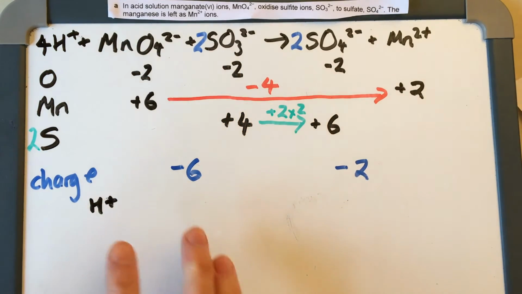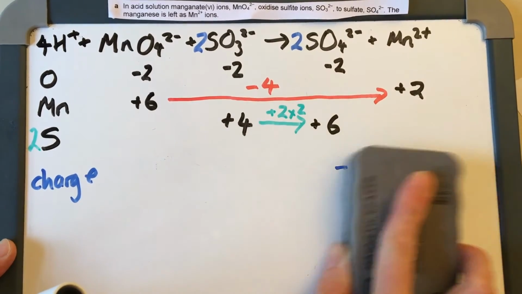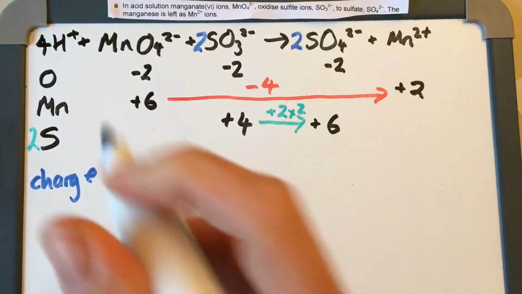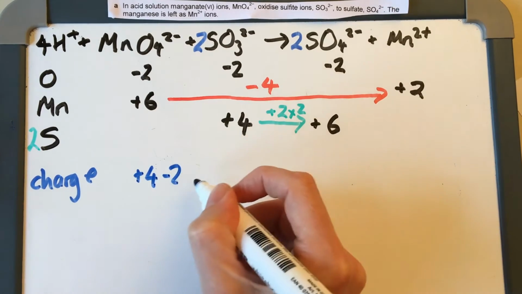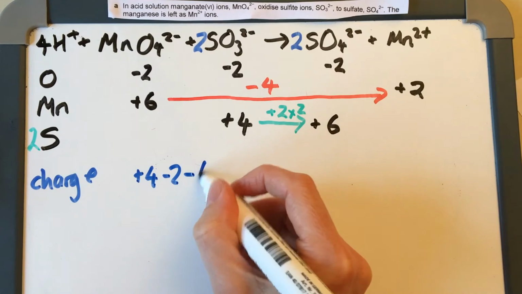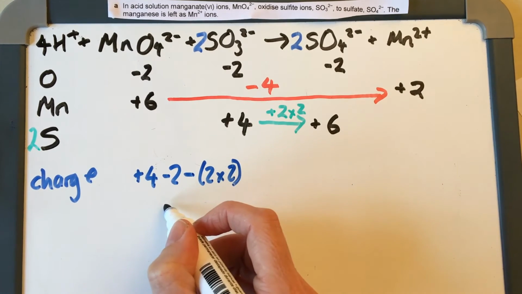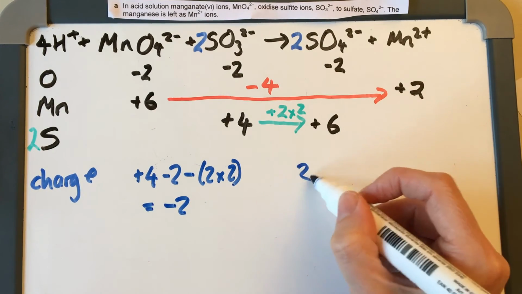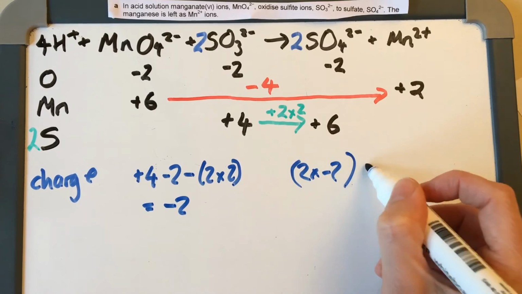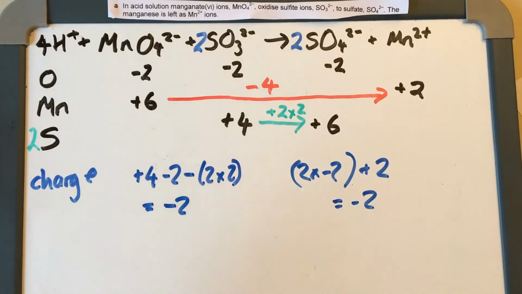then let's check our charge is a bit better now. So now I've got +4 -2 -2 times 2, so that's -2. And over on this side I've got 2 times -2 plus 2, which is -2. So that's okay.